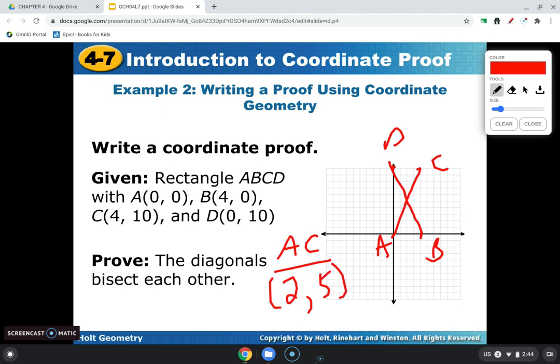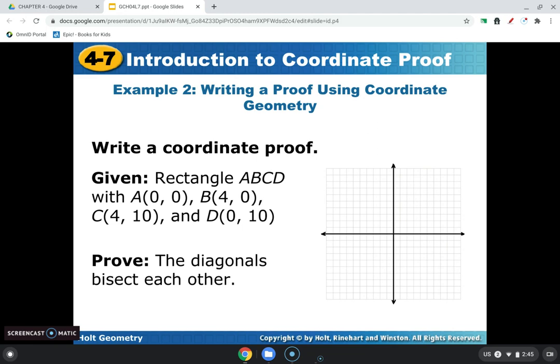So the AC midpoint is 2, 5. And then the other diagonal would be BD. So we go 4 plus 0 is 4, divided by 2 is 2. And 0 plus 10 is 10, divided by 2 is 5. So 2, 5 and 2, 5. If you can show the midpoints are equal, you can show that the diagonals bisect each other, which is exactly what we did.